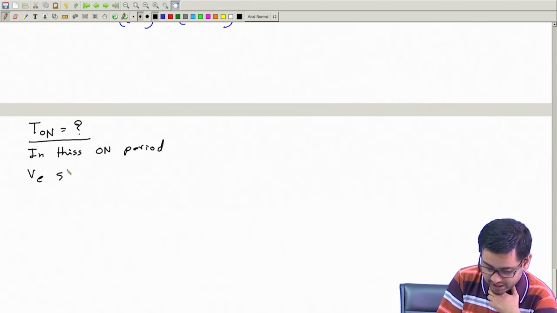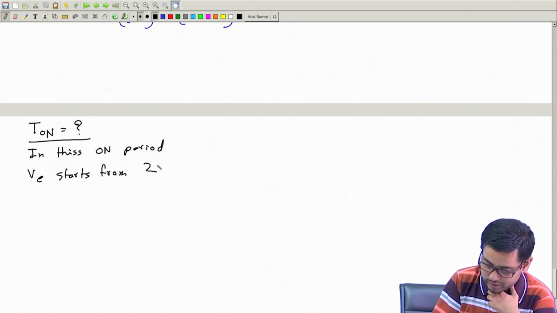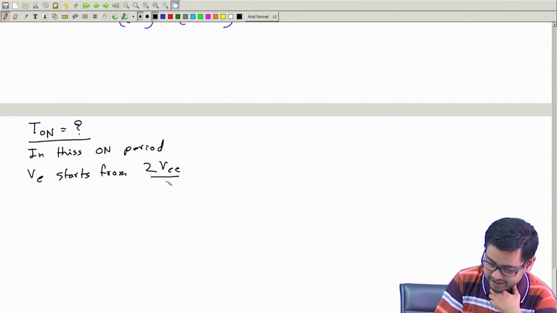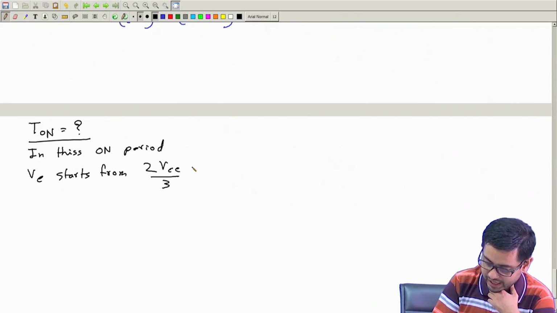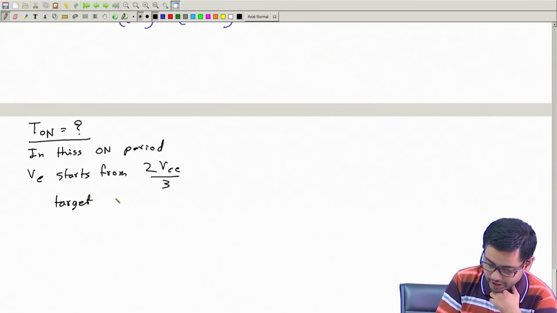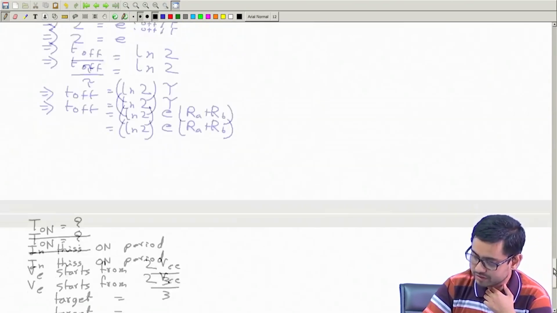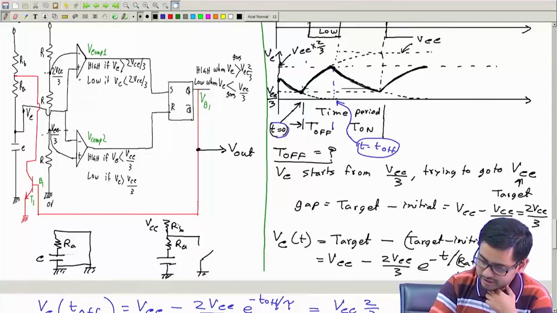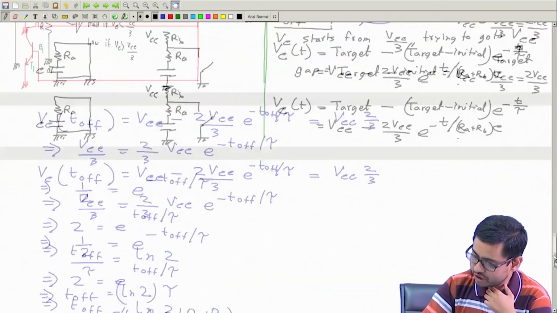In this on period, VC starts from 2 VCC by 3, and the target voltage is, so it's trying to go to 0, so target is 0.